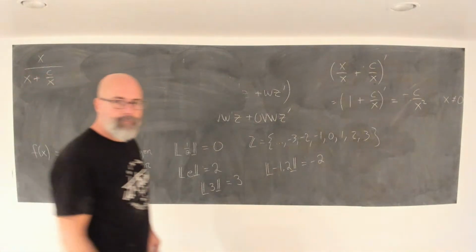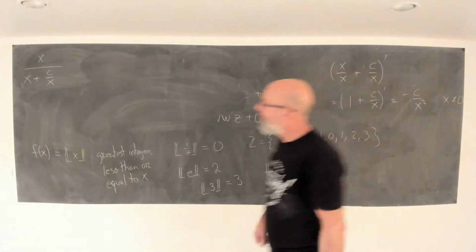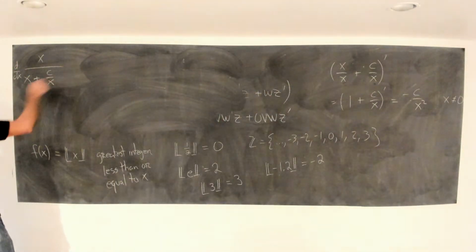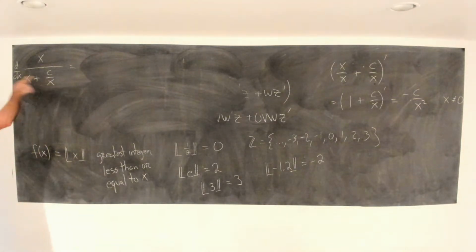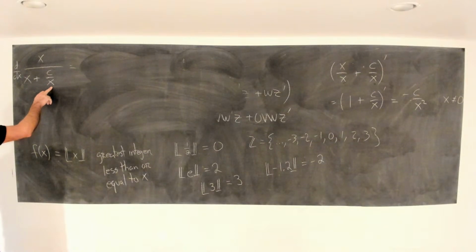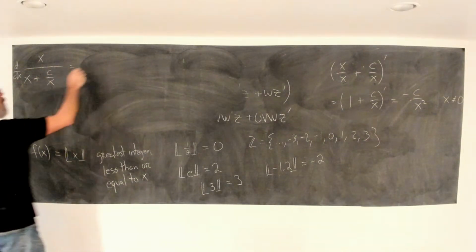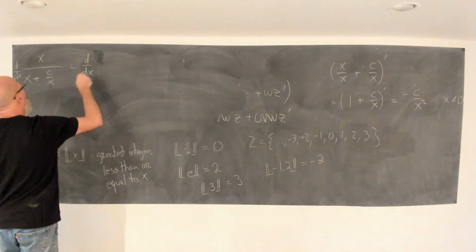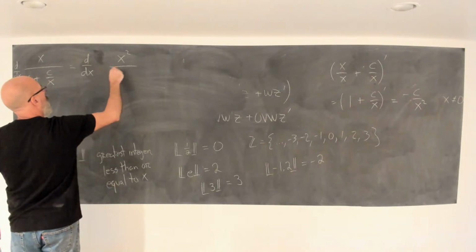Very well. Let's do that. Maybe we want to simplify that first. Right, we're looking for the derivative of this. If we put everything over a common denominator, first of all, here x cannot be 0, right? So we want to stay away from that. If we put everything over a common denominator, this is actually x squared over x squared plus c.